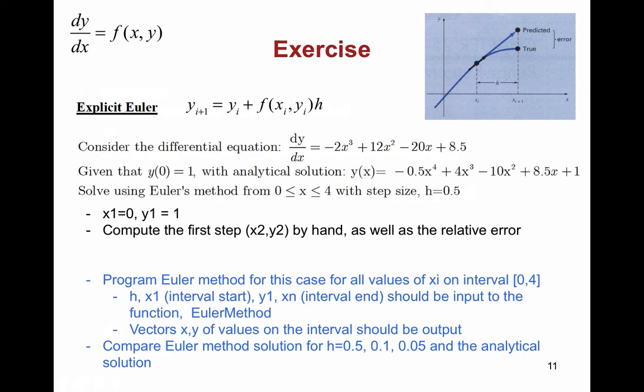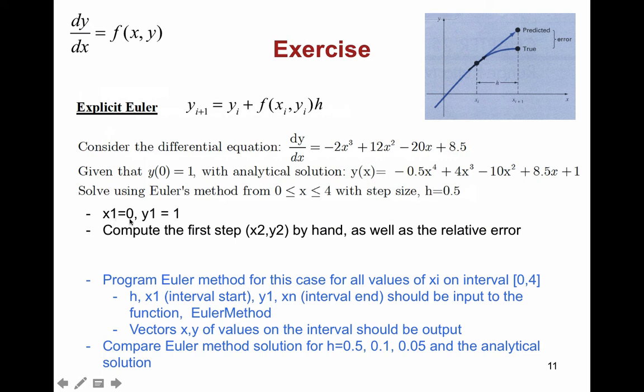So I want you to use Euler's method between 0 and 4 with the step size 0.5. Assuming x1, or x0 if you want to call it, is 0 and y is 1, I want you to compute the first step based on Euler's method, so that we can complete today. Again, the method is given here.